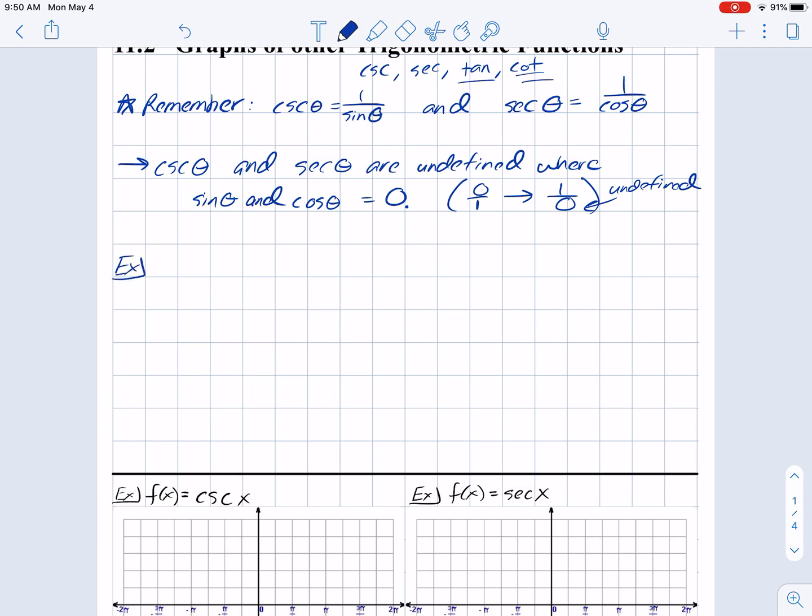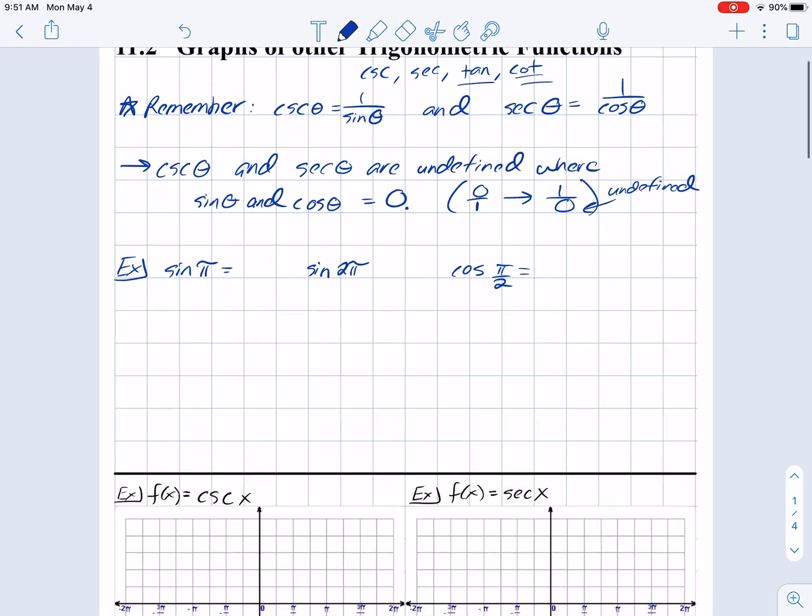Let's find a couple trig functions. Let's evaluate a couple of these trig functions: sine of pi, sine of 2 pi, and let's do the secant of pi over 2, cosine of pi over 2, and cosine of 3 pi over 2.